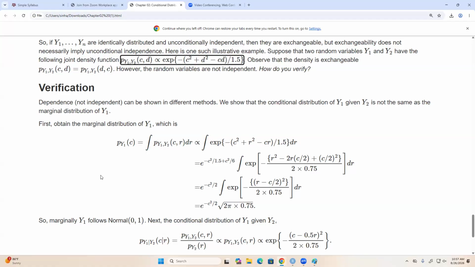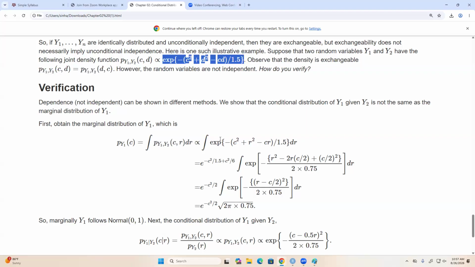And the marginal density of y1, how do you get it? If you know the joint distribution, this is the place where we apply the rule that I showed you early in the class. You have the joint density function of y1 and y2, and you integrate out the second random variable to obtain the marginal density. So this joint density is proportional to this expression.